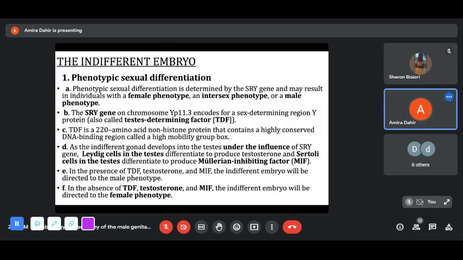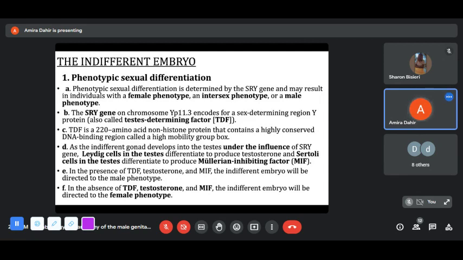Phenotypic sexual differentiation is determined by the SRY gene, and this can result in individuals with a female phenotype, an intersex phenotype, or a male phenotype. This SRY gene is found in the Y chromosome, and it encodes for a protein known as the TDF. Now, we have the indifferent gonad, which develops into the testis under the influence of the SRY gene.